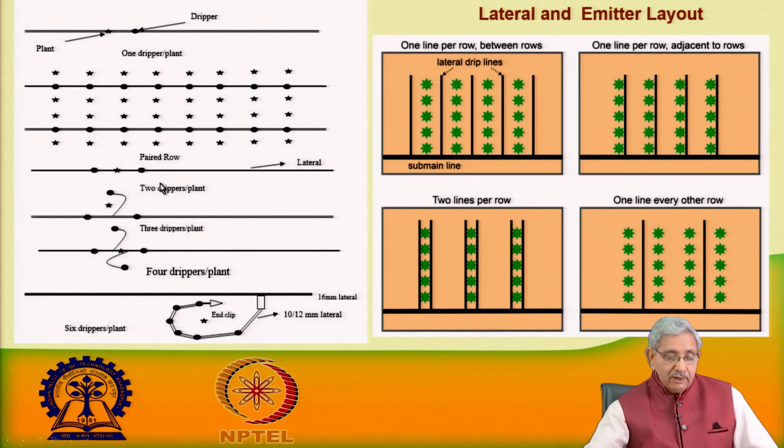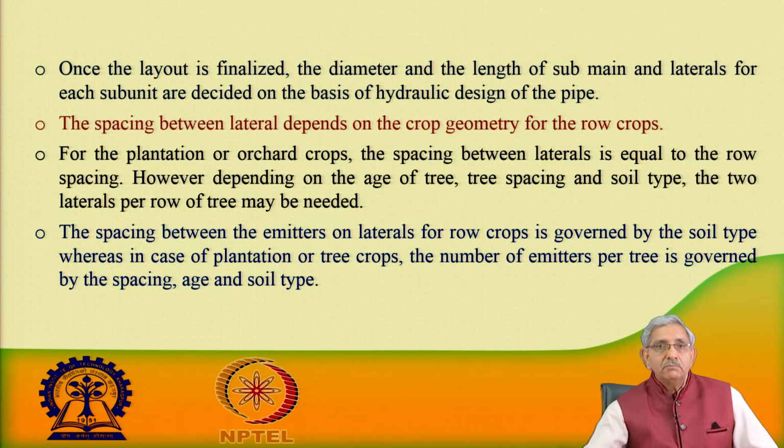Two drippers per plant means the water requirement is very high, or there can be 4 drippers for each plant, where another tube is attached with the main lateral, the lateral pipeline of 16 millimeter. Then there is a connector, and from this connector a 10 millimeter or 12 millimeter lateral is attached, making a circle, and then irrigation is given. So, laterals are to be laid as per the plant configuration and field configuration.